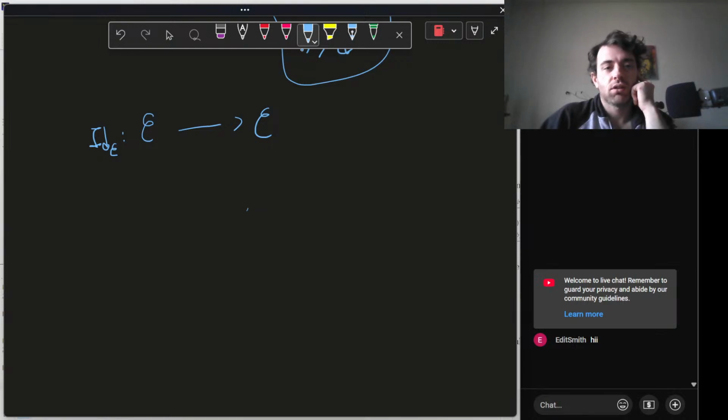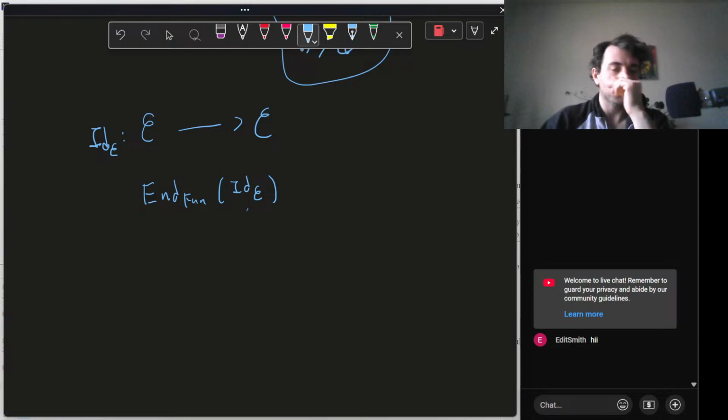Then you can look at the collection of natural transformations, basically the Hom set in the functor category of the identity functor. In other words, this is the collection of natural transformations from the identity functor to itself. And in general, this will be a monoid under composition.